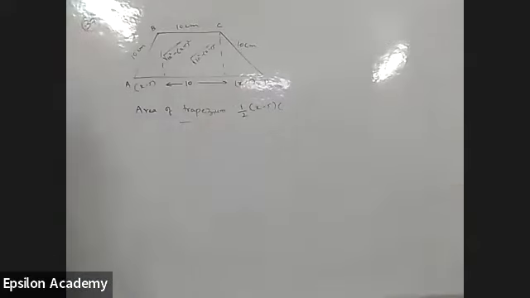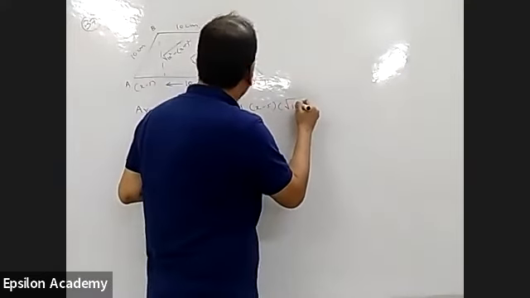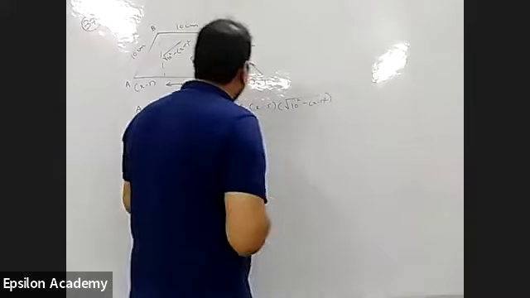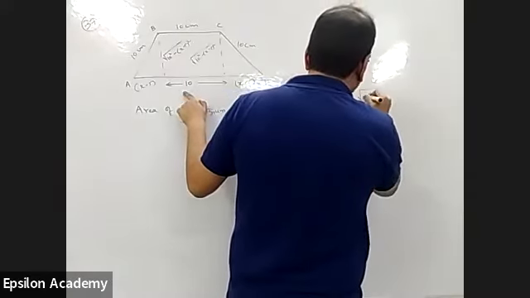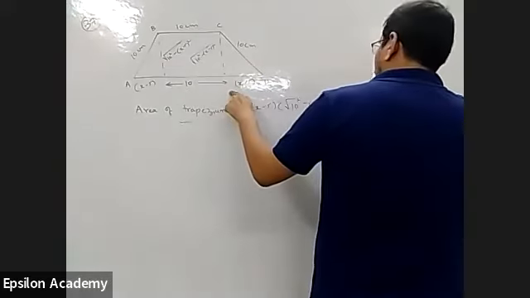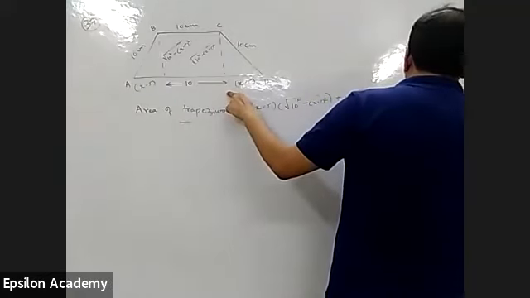So half into x minus 5 into root of 10 square minus x minus 5 the whole square, plus 10 into root of 10 square minus x minus 5 the whole square, plus half into x minus 5 into root of 10 square minus x minus 5 the whole square.